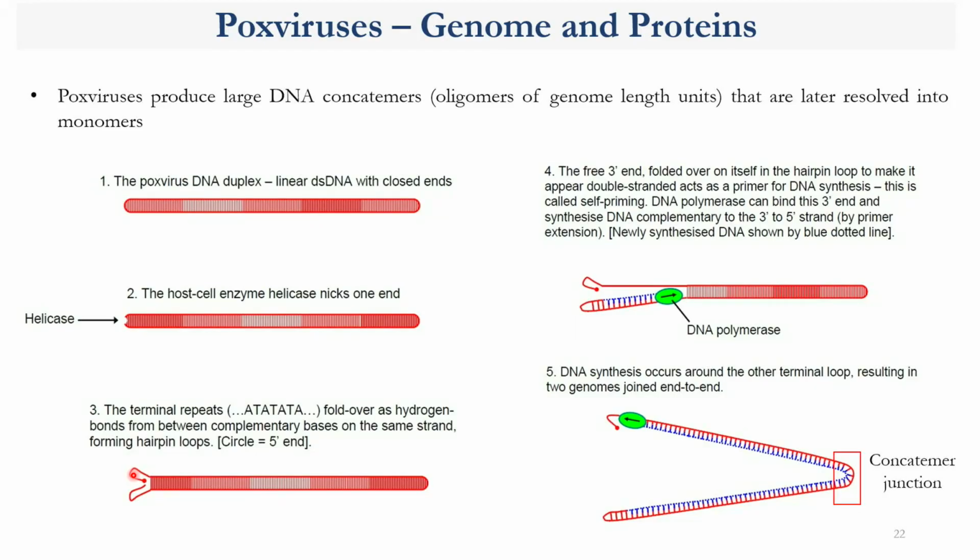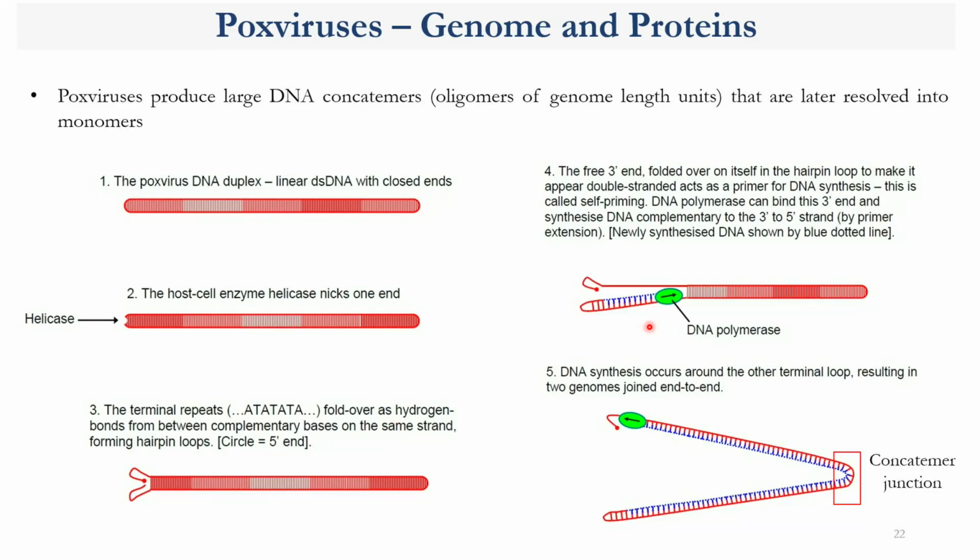So first you snip or cut one end, and then as it unwinds, some of those repeats will base pair with each other, okay? And this part here, the circle here, indicates the 5' end of the genome.